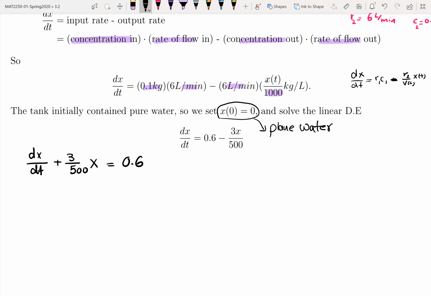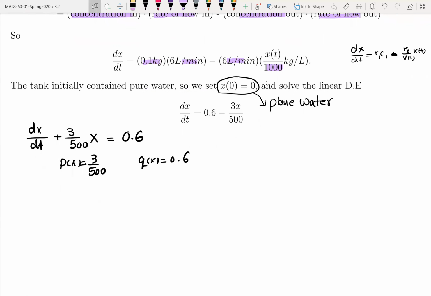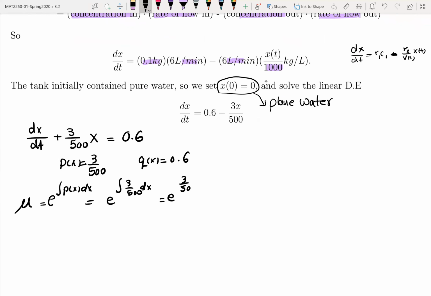Let me call p of x 3 over 500, q of x is 0.06, and then e to the integration of p of x dx is called mu, or whatever we call the integrating factor. So that's just e to the 3 over 500 times x.